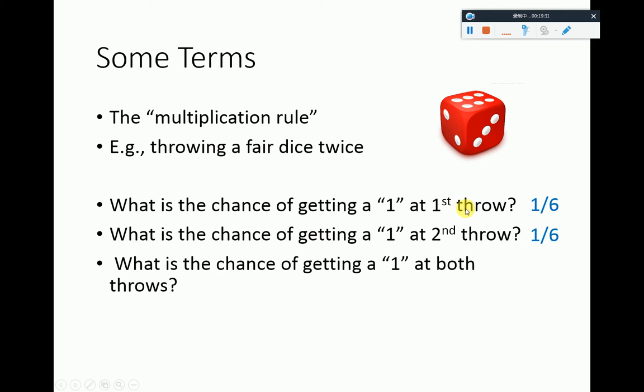That is, you get a 1 at first throw, and getting 1 at first throw does not impact in any way which number you will get at a second throw. In other words, you cannot use the outcome from the first event or from the first trial to predict the outcome of the second event.